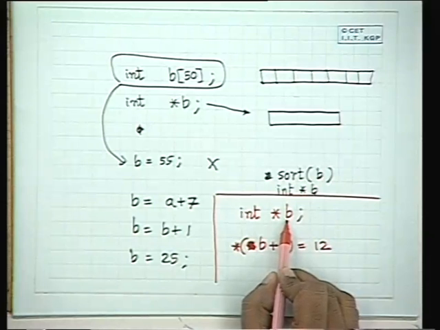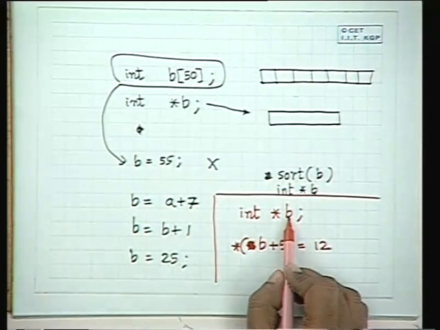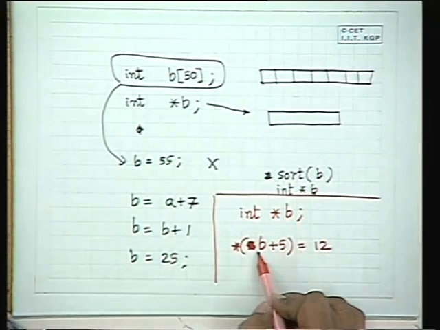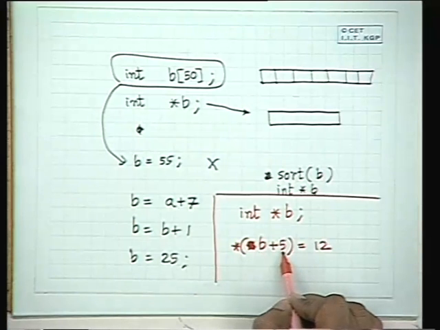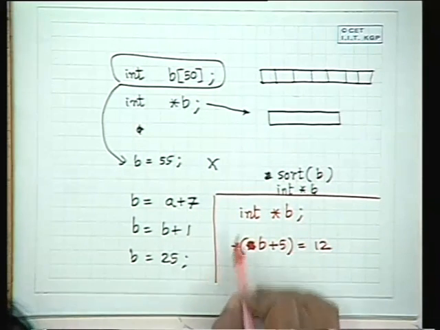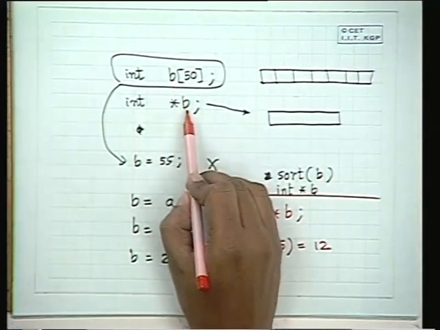Don't think that there is an array declaration here automatically of 5 elements. You have not declared any array here. You will be modifying the content of the location B plus 5, whatever it stores and wherever it stores. So you must be very careful about what is allocated in what declaration and what is a constant and what is a variable.